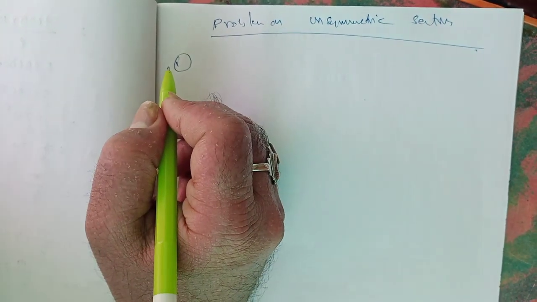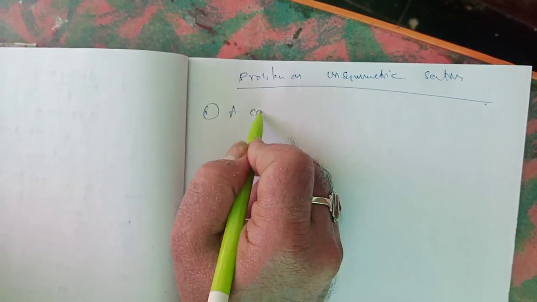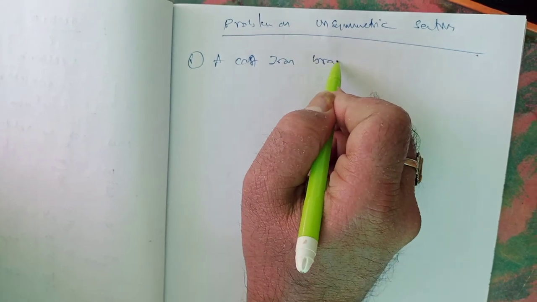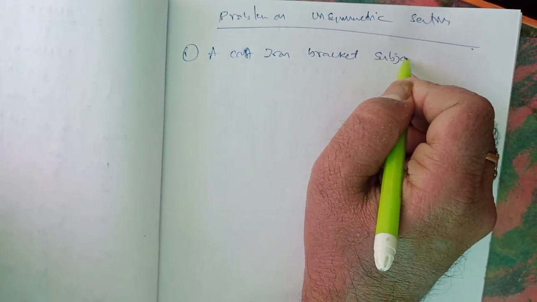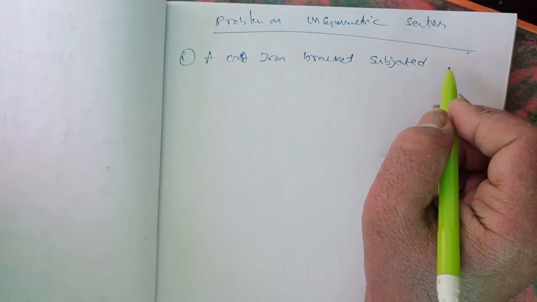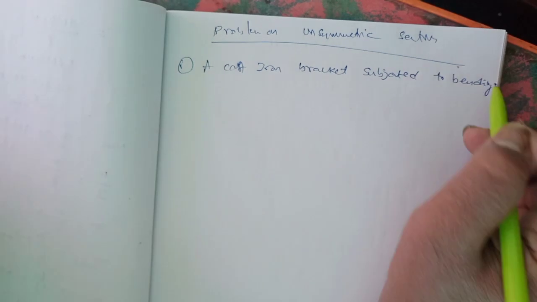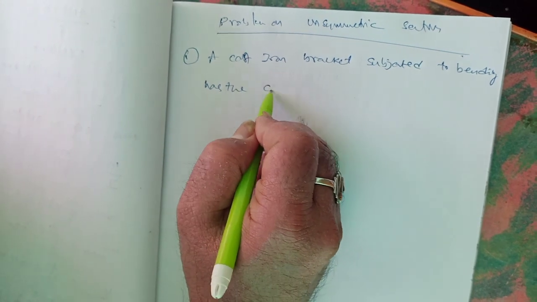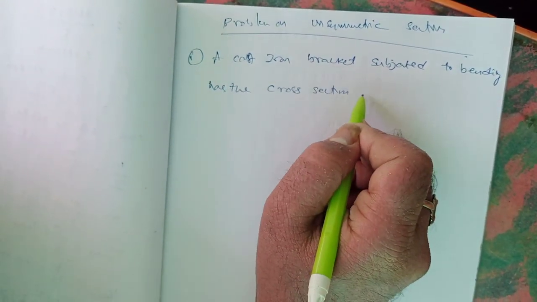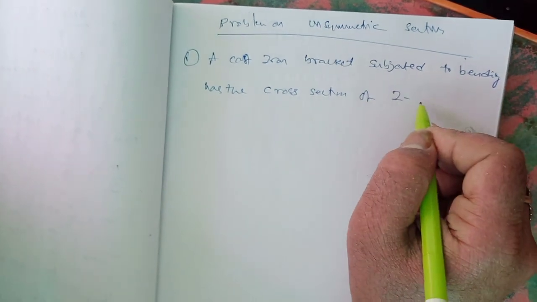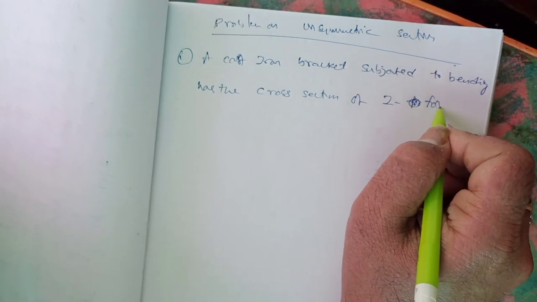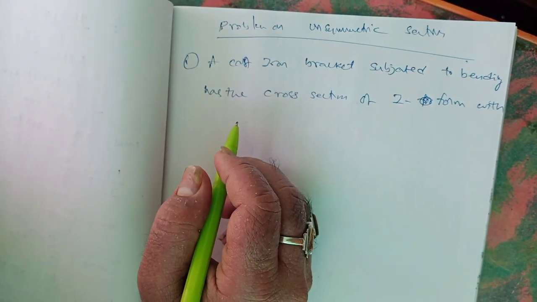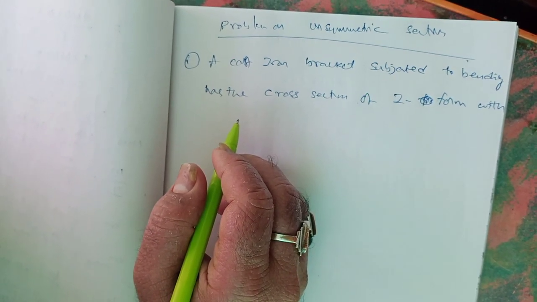A cast iron bracket subjected to bending has the cross section of I form with unequal flanges.